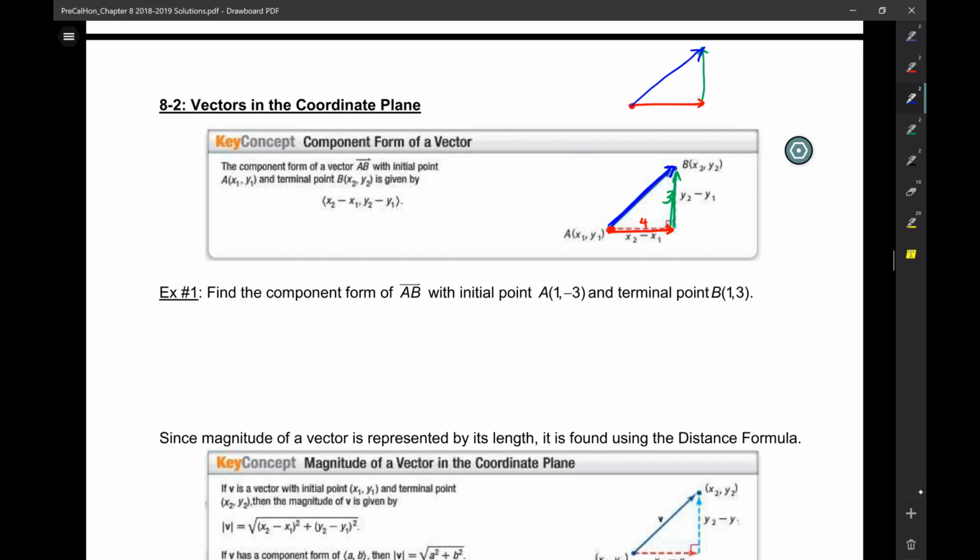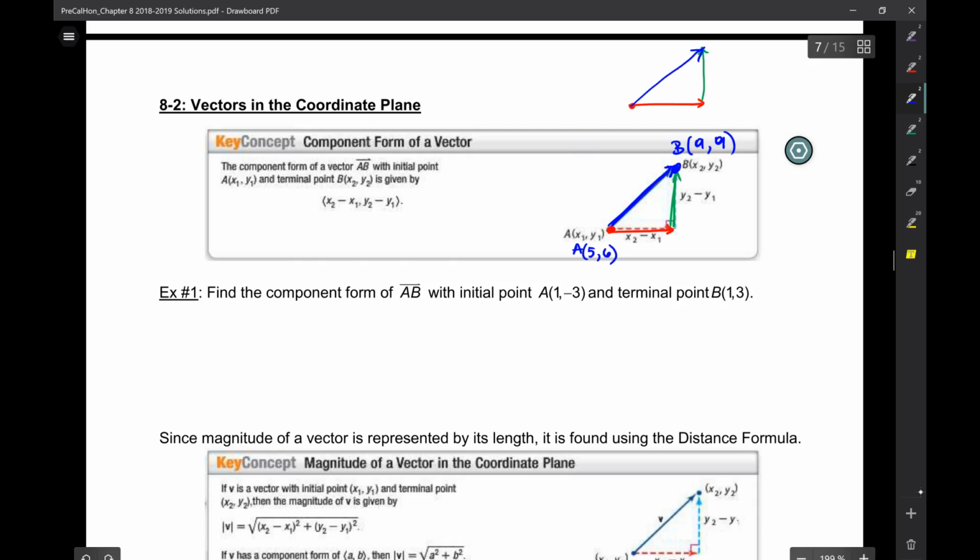So how do we express this in coordinates? Suppose this point A had coordinates 5, 6, and suppose B had coordinates 9, 9.